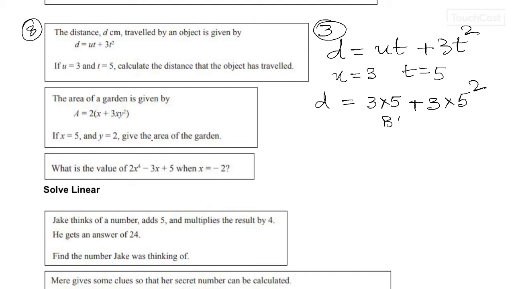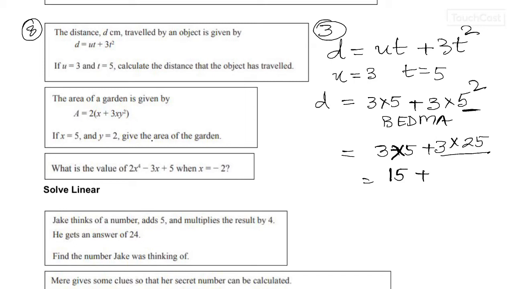Remember BODMAS, and we have to do the power first, which is 25, otherwise you'll get it wrong. 3 times 5 is 15, plus 3 times 25 is 75. If you add them together, 90.